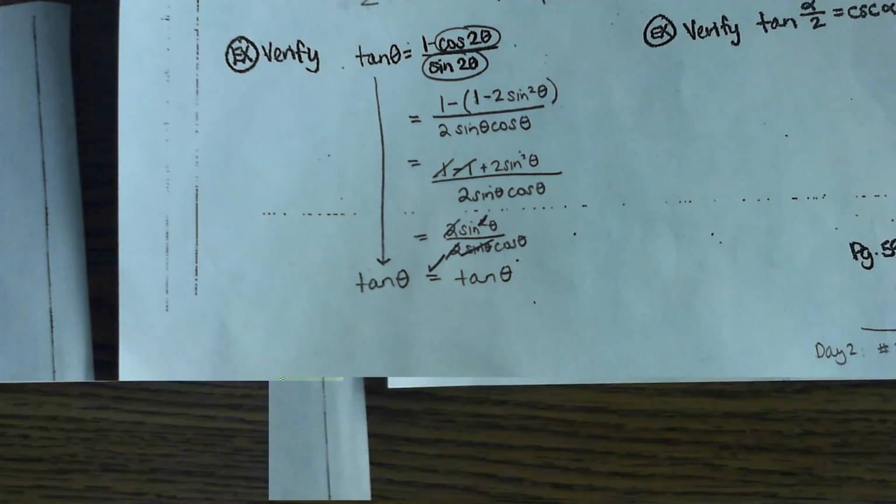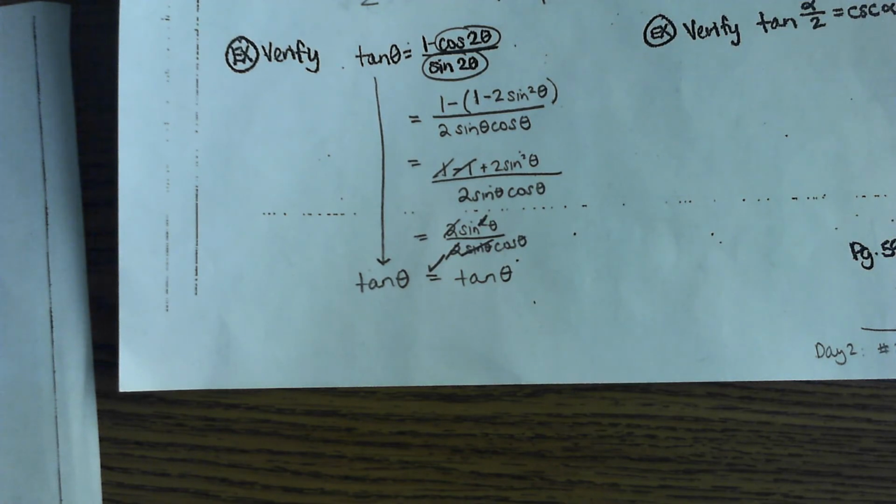If you're good with that bottom left, try the bottom right. So now what would you do? Okay, what do you do next? What needs more simplifying, the top or the bottom? Okay, so what does that mean?